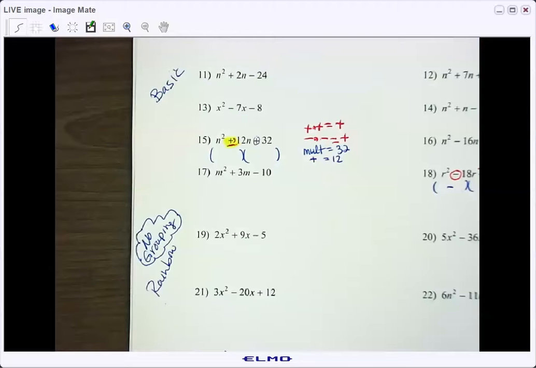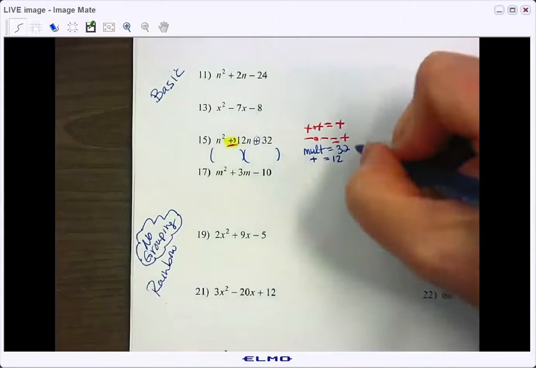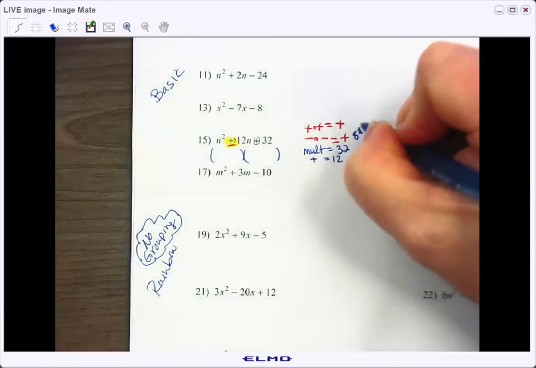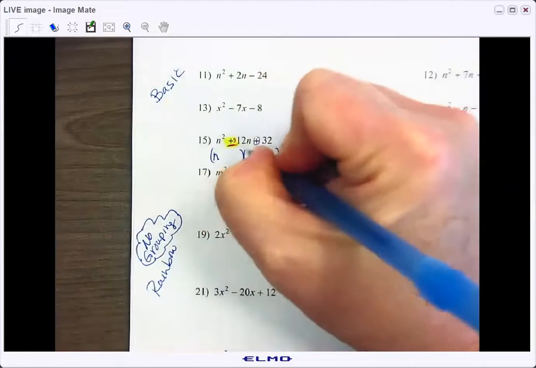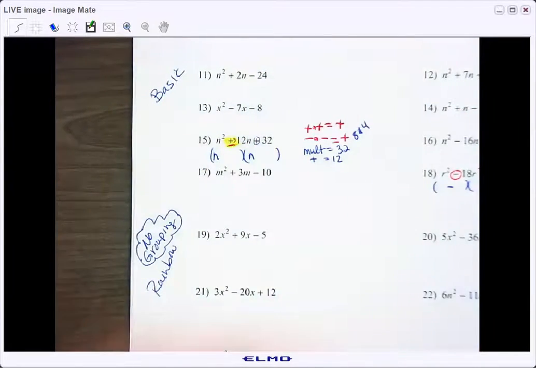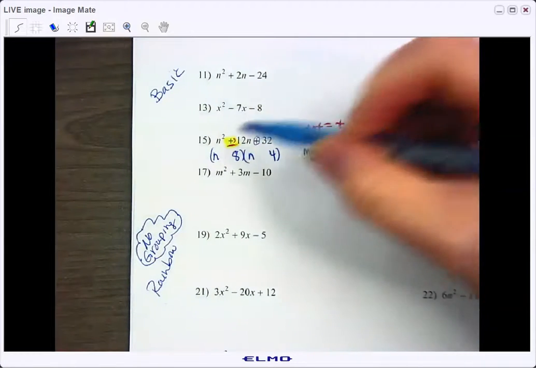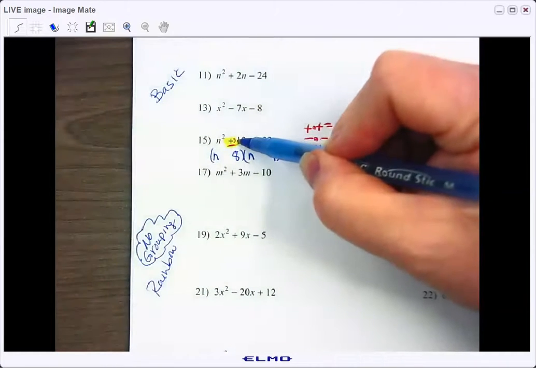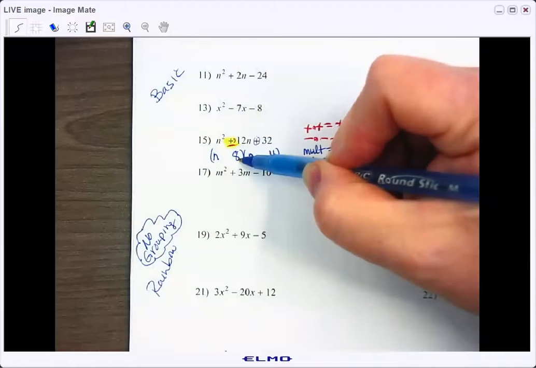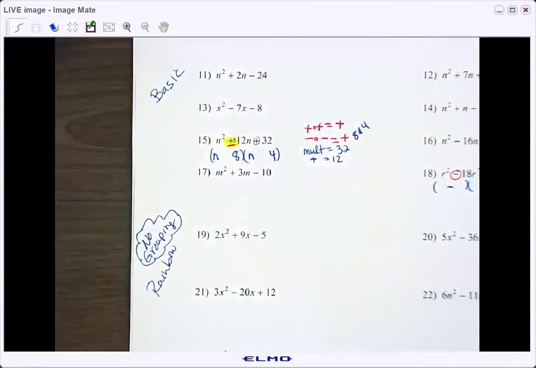Good. Nice. Okay, so everybody in the chat box got it right. We have 8 and 4. So I have n and n. I have 8 and 4, and I already know that I'm going to have two positives. But if I put the bigger number first, remember way back when we learned about negatives and positives, we know that the bigger number dominates the sign.